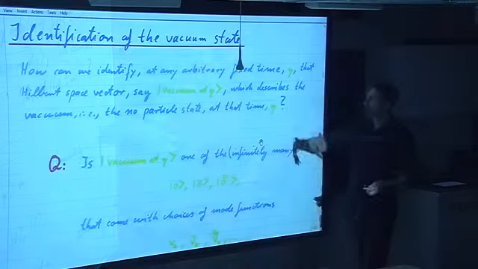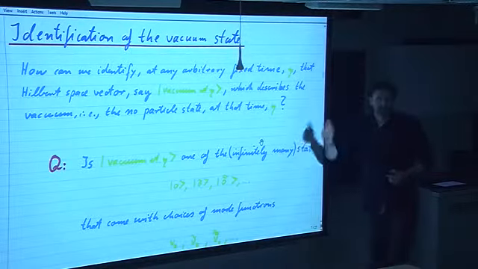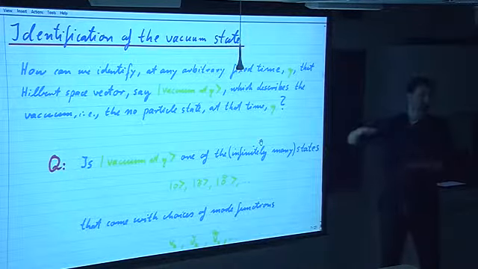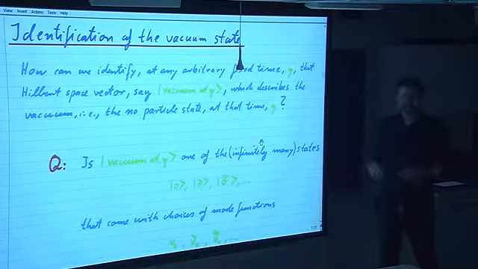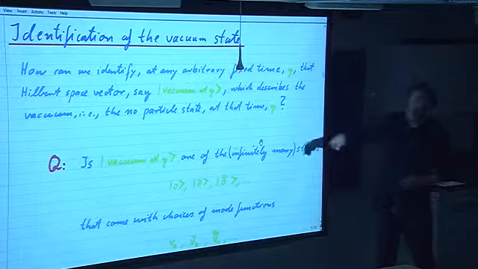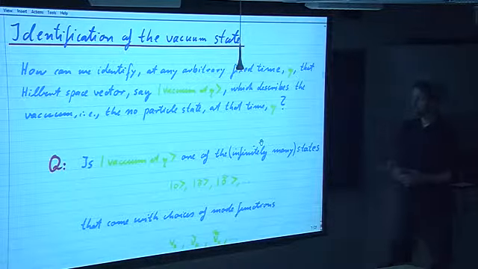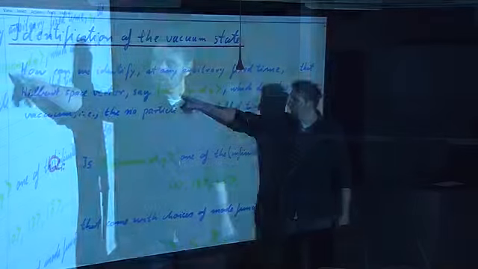If we can do that, then we can hopefully identify that's the vector in the Hilbert space that describes no particles. It would be convenient to use those mode functions for which the A operator annihilates that state, and then we can write down multi-particle states immediately. But how do we get this first hint? How do we first identify which vector in the Hilbert space describes no particles at a particular time?